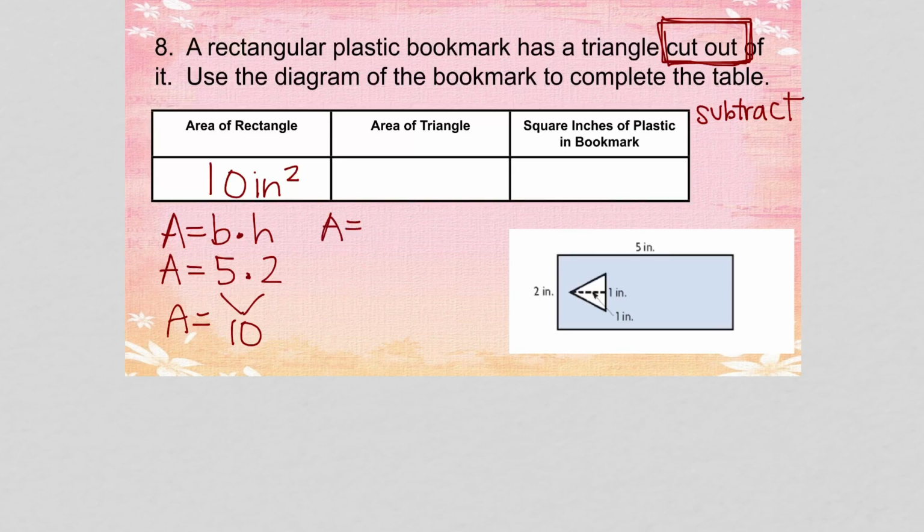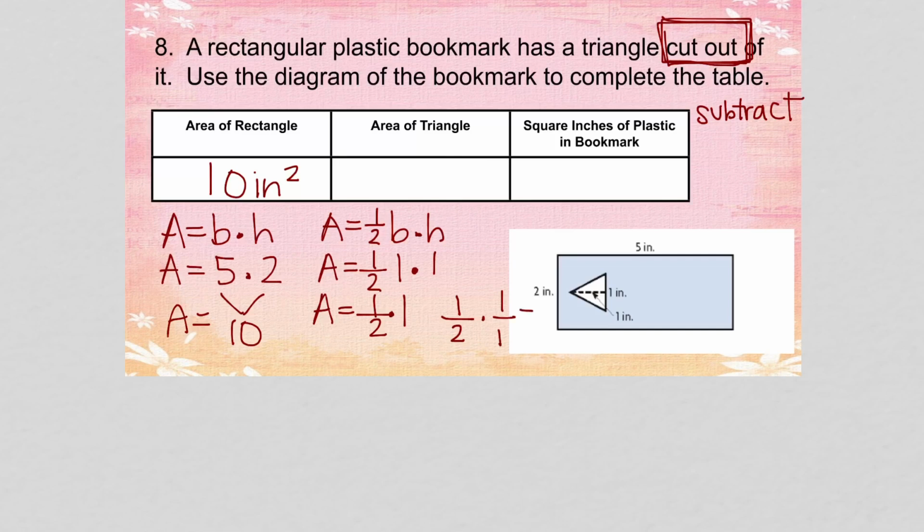Now, let me find the area of the triangle. So A equals 1/2 base times height. Okay, let's plug it in. Area equals 1/2 times 1 times 1. So area equals 1/2. What's 1 times 1? 1. Okay, so what's 1/2 of 1? Now, if I didn't know, I know that this is multiply. So I could say 1/2 times 1 over 1.